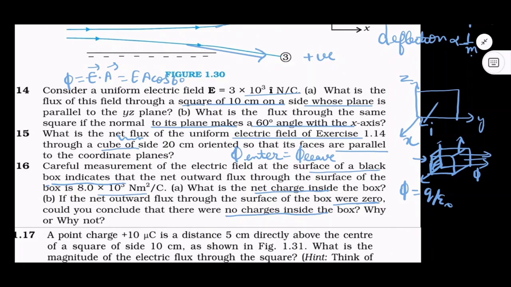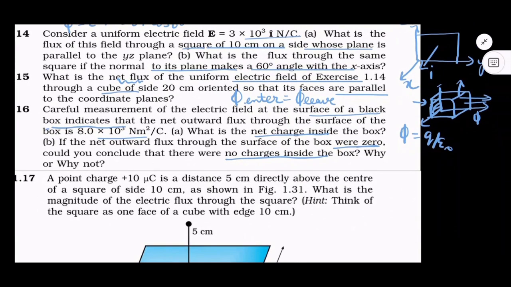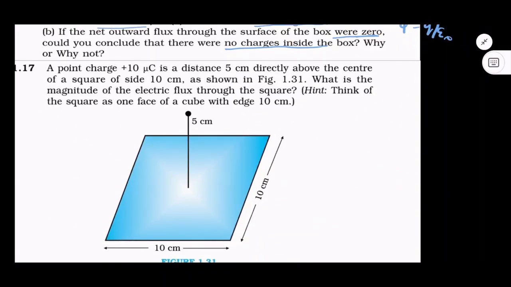Now let's move to the next question, which says that a point charge of 10 microcoulomb is at a distance of 5 centimeter directly above the center of a square of side 10 centimeter. So we have a square, and at this 5 centimeter distance we have a plus 10 microcoulomb charge. What is the magnitude of the flux through the square?